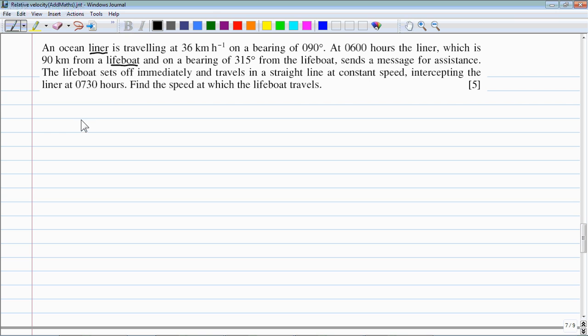So if you wanted to, here's the liner. Let's make it really clear. The liner, and here is the lifeboat over here. Never mind.